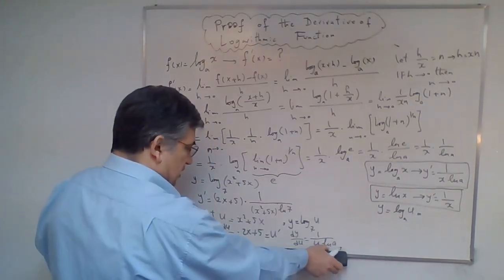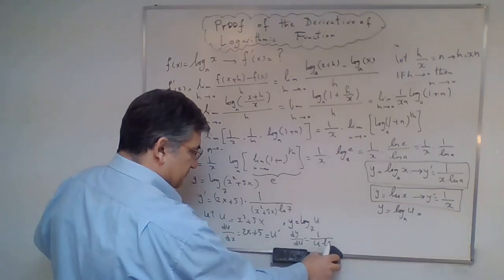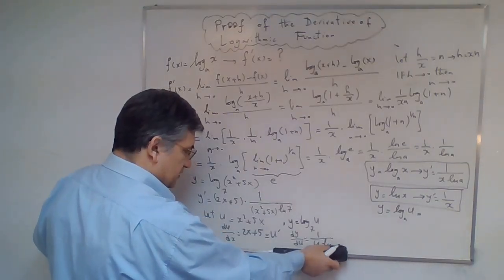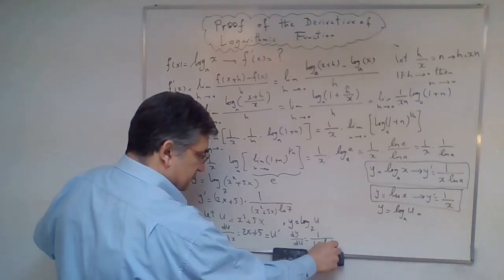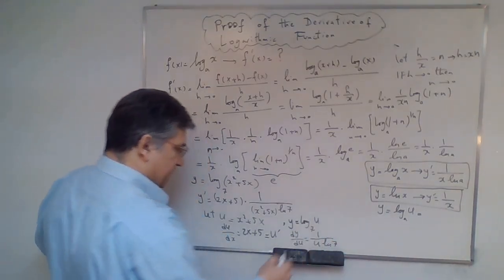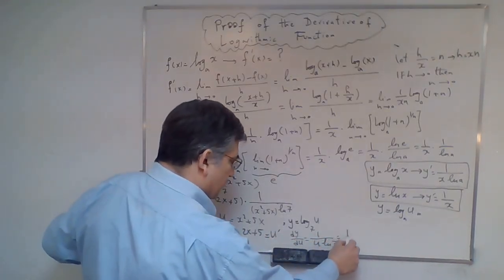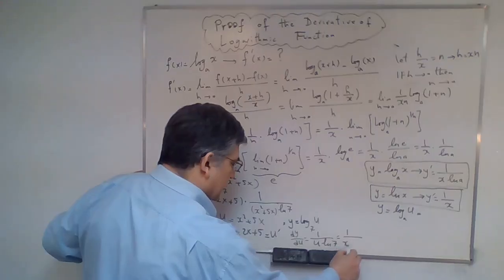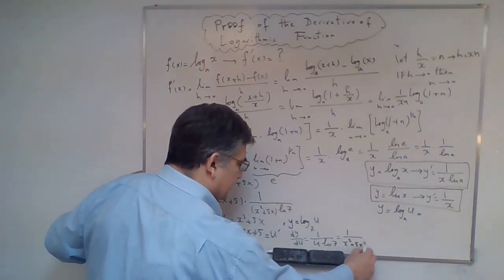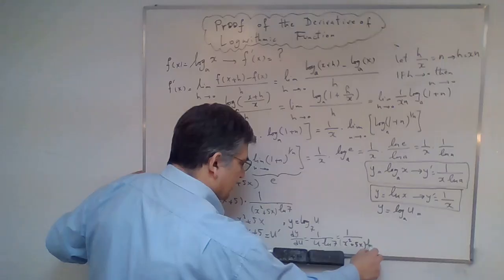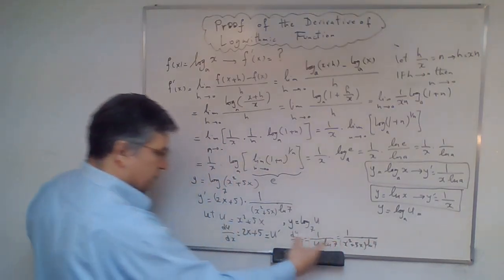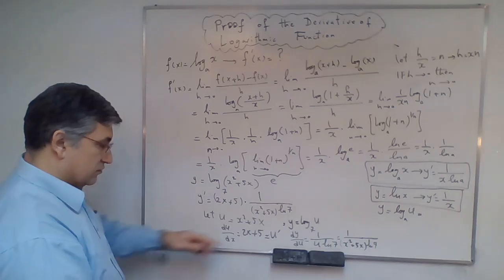In this case, I should write ln of 7, right? Ln of 7, because a is 7. So back substitution for u would give you 1 over x squared plus 5x times ln of 7. So that's dy over du in terms of x.